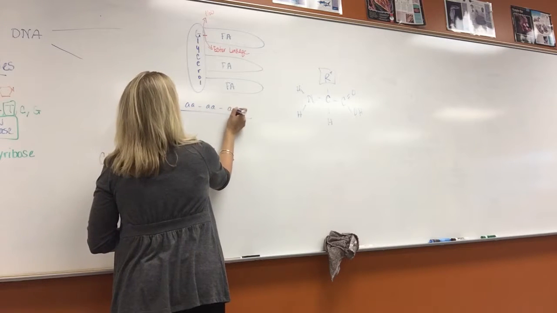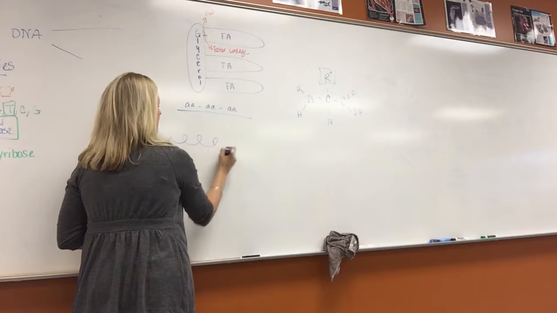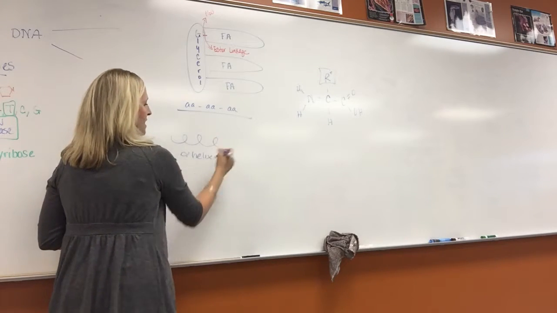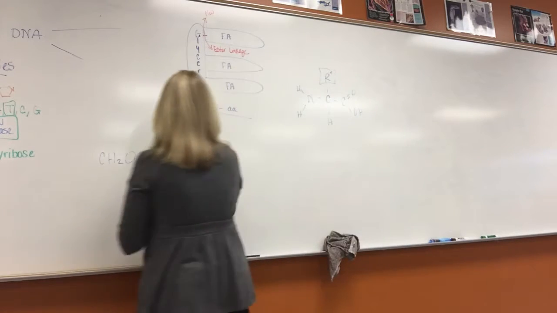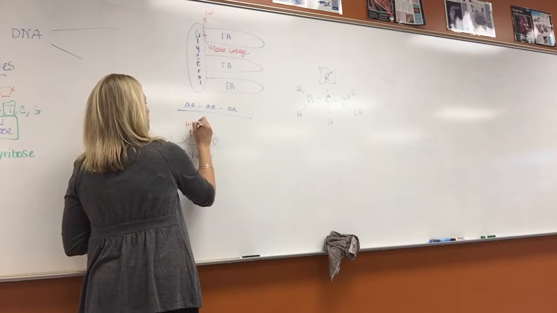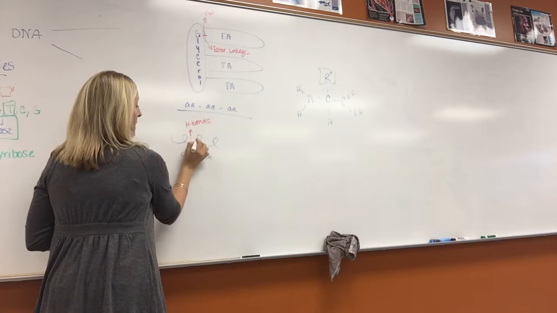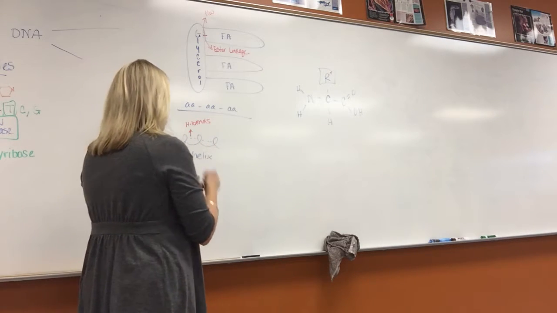Your two secondary structures start with the alpha helix. This is where it looks like that telephone cord. It is stabilized by hydrogen bonds between the different amino acids in this chain. So stabilized by hydrogen bonds.